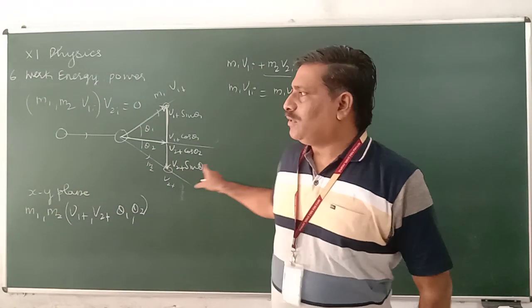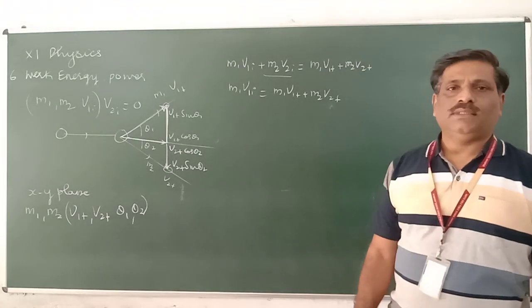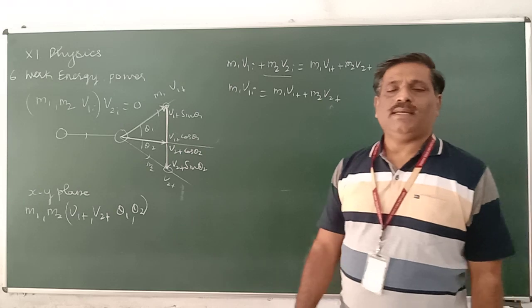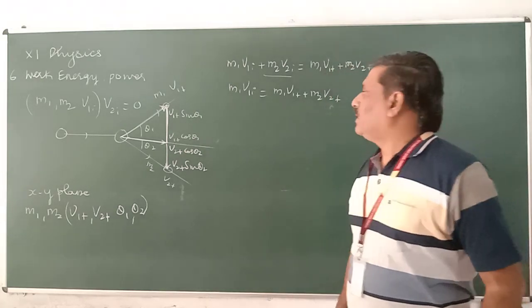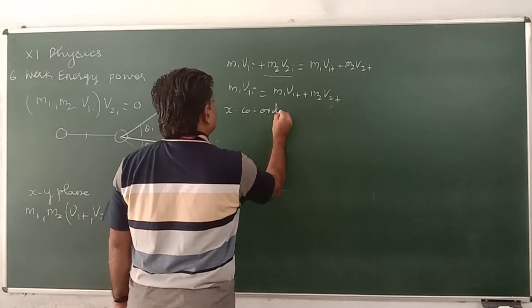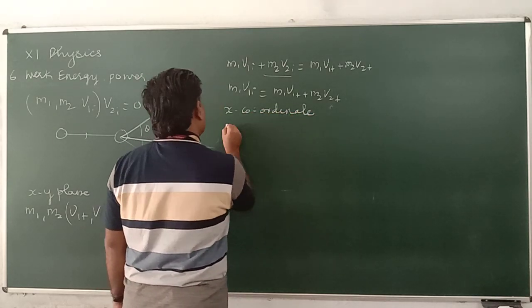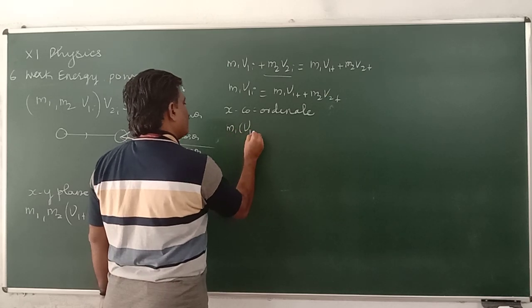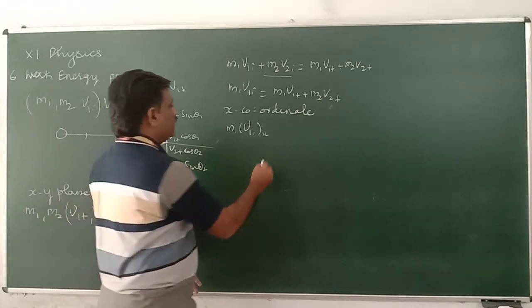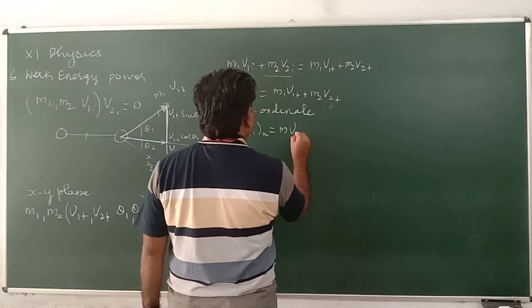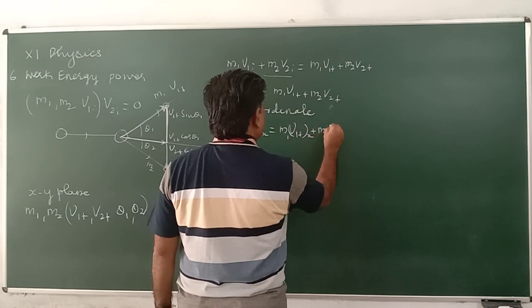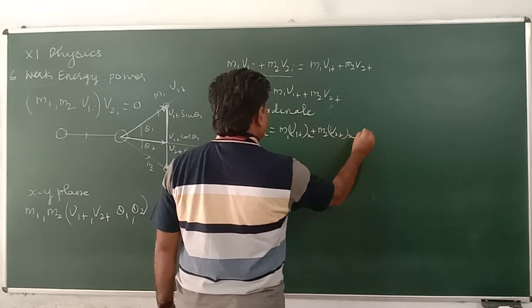But in the case of a two-dimensional collision, we can apply this for the x coordinate and for the y coordinate. For the x coordinate, m1 v1i x is equal to m1 v1f x plus m2 v2f x.